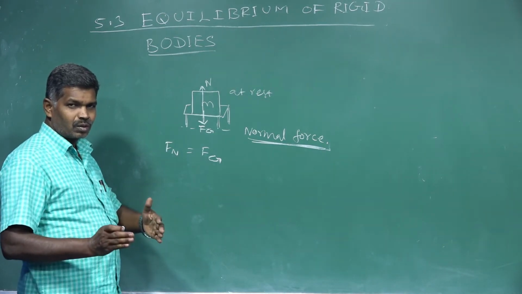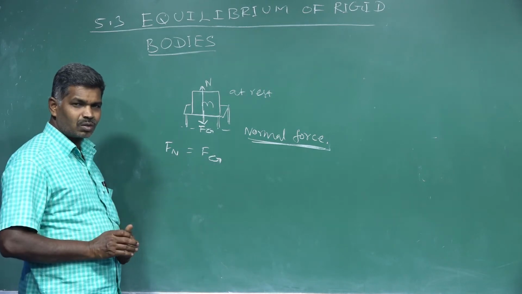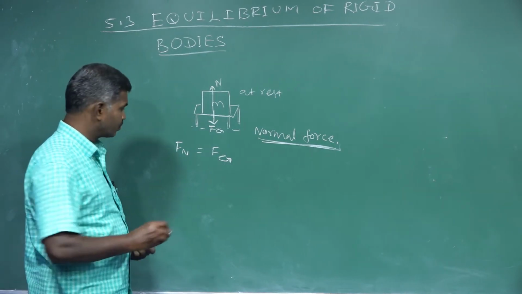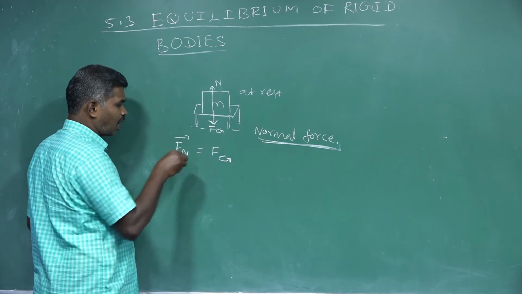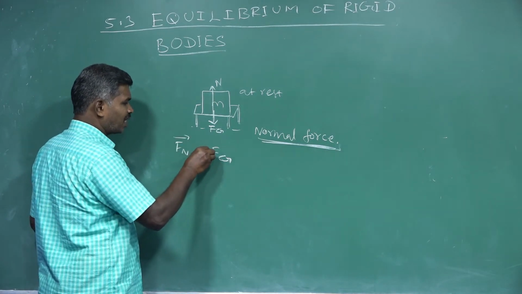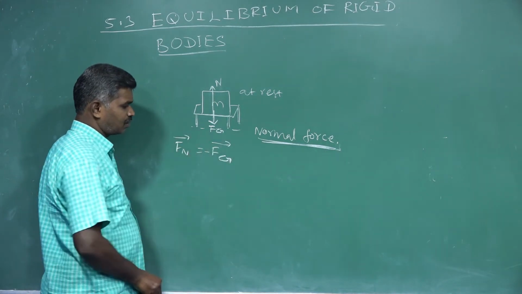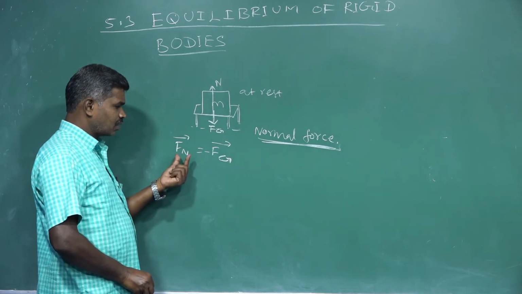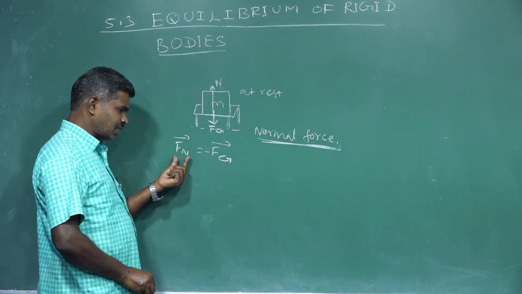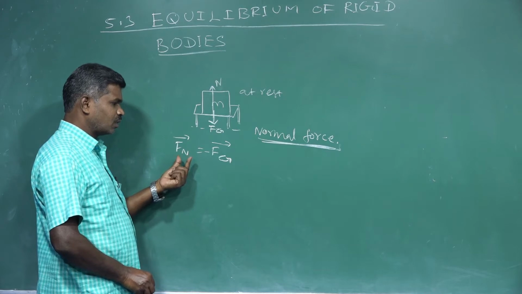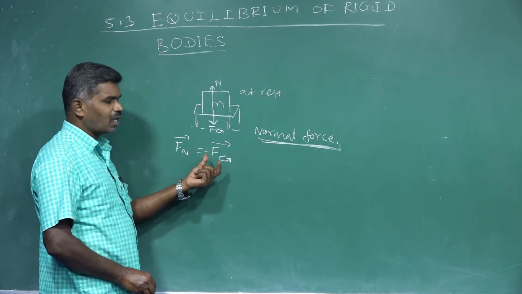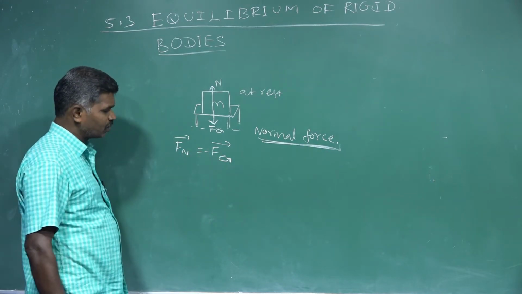In vector form, the normal force vector Fn is minus the Fg vector. That is, in whichever direction the normal force is acting, the gravitational force acts in the opposite direction.